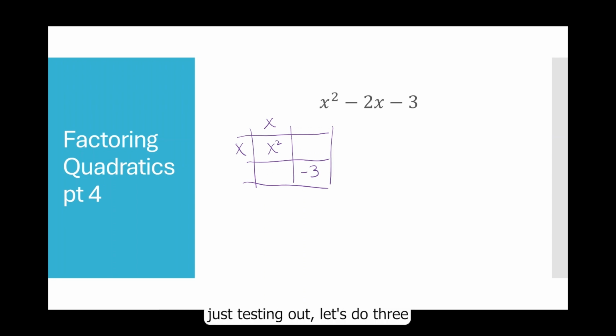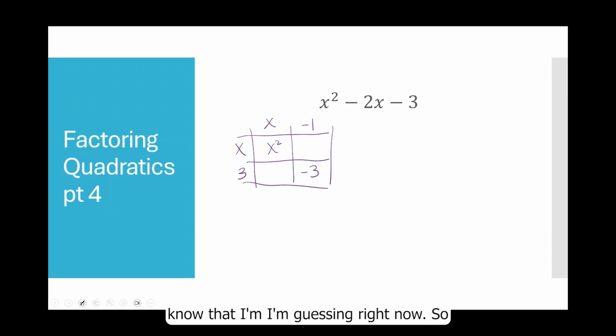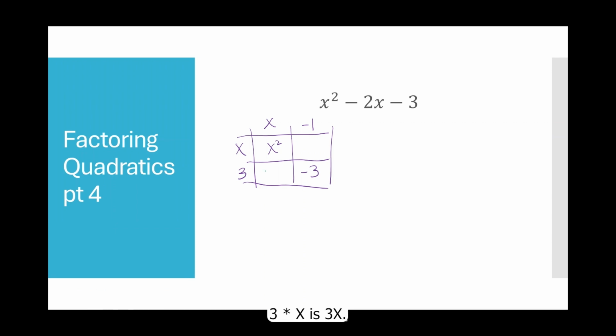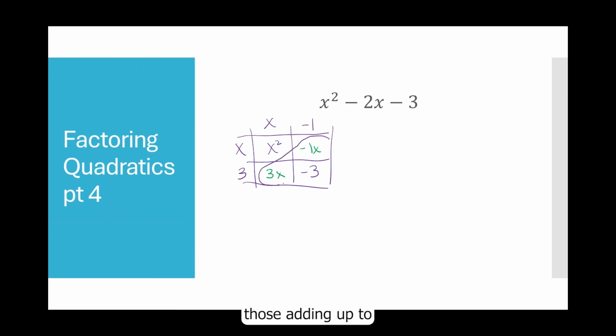So just testing out, let's do 3 and negative 1. And actually I should really color code these to make sure that you know that I'm guessing right now. So 3 times x is 3x. Negative 1 times x is negative 1x. But careful, are those adding up to negative 2x?